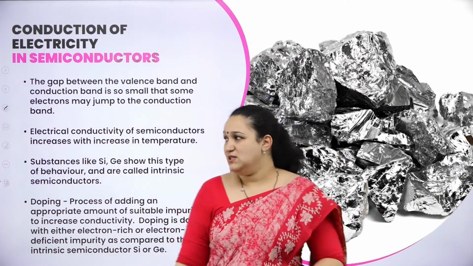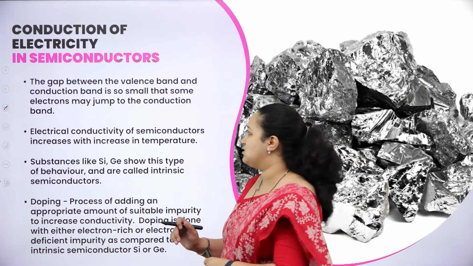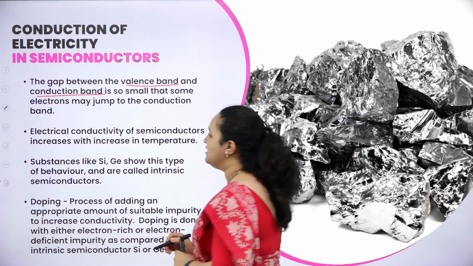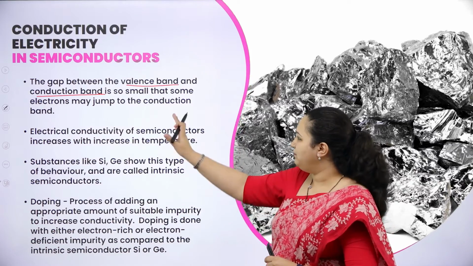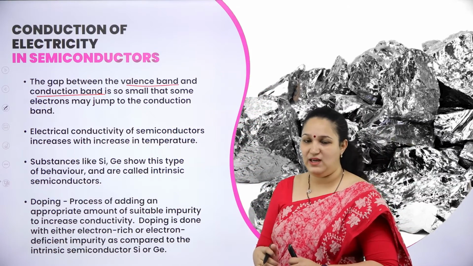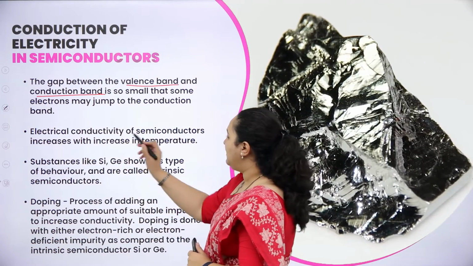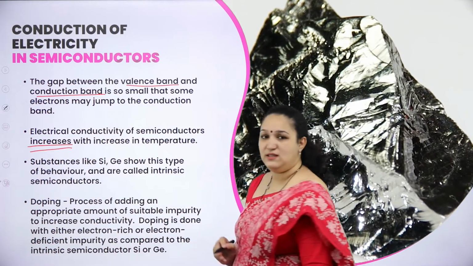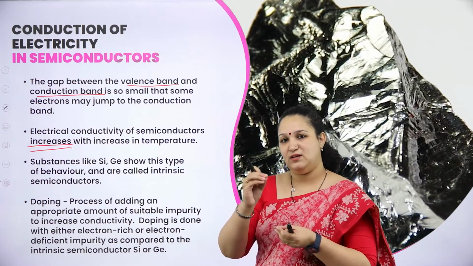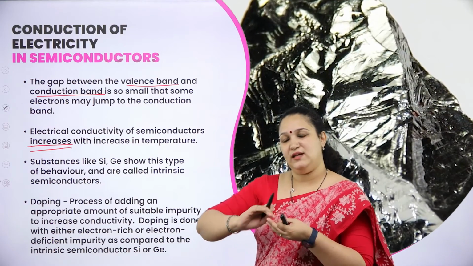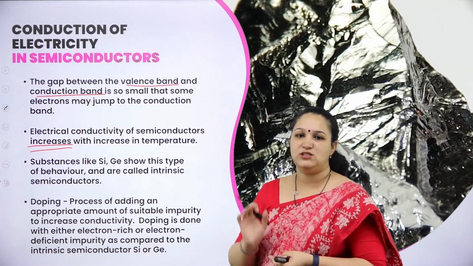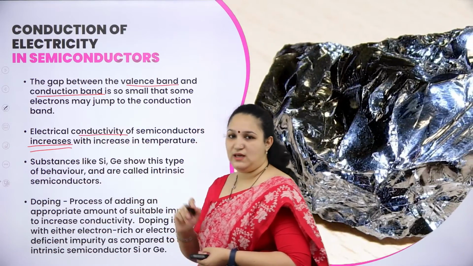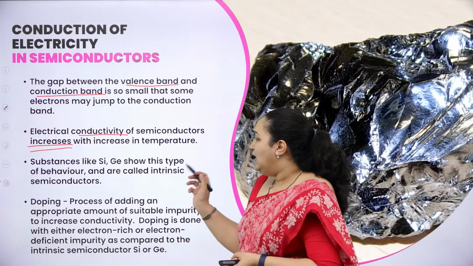In semiconductors, the gap between the valence band and the conduction band is small, so the electron can jump to the conduction band very easily. Electrical conductivity of semiconductors increases with the increase in temperature. When the temperature increases, the electrons get energy and jump from the valence band to the conduction band easily.